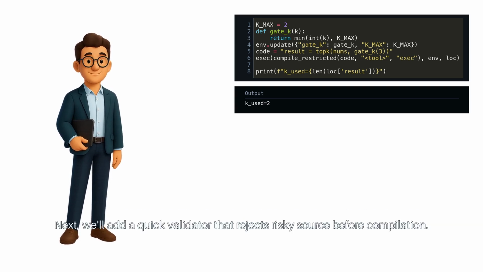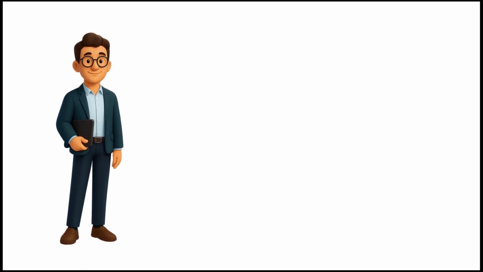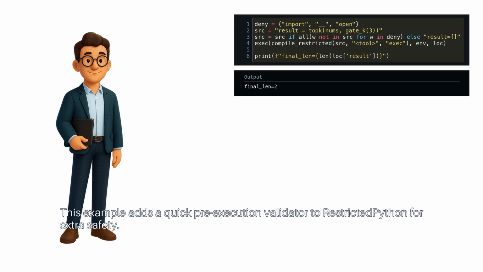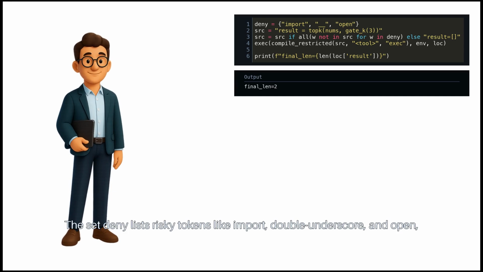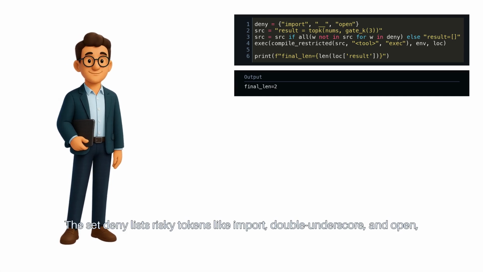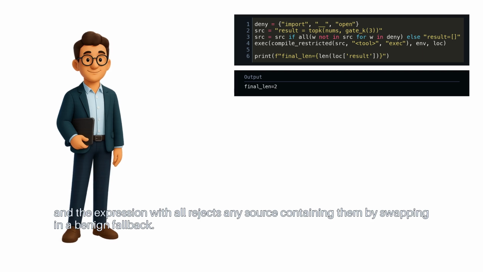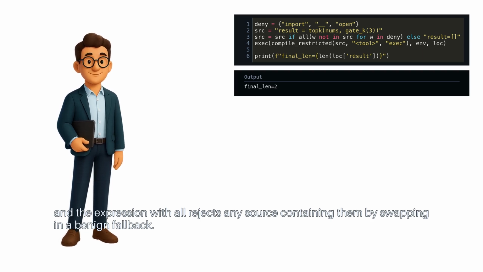Next, we'll add a quick validator that rejects risky source before compilation. This example adds a quick pre-execution validator to RestrictedPython for extra safety. The set deny lists risky tokens like import, underscore, and open, and the expression with all rejects any source containing them by swapping in a benign fallback.